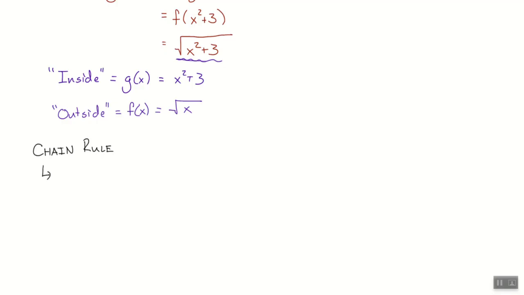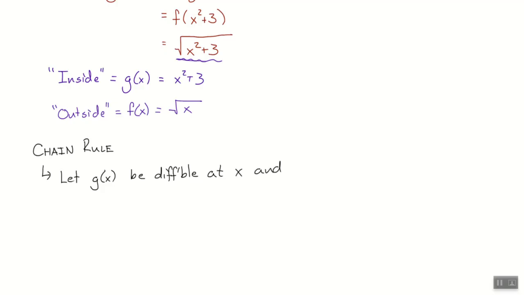So to begin with, let g of x, so we have some function, let g of x be differentiable, which I'm going to shorthand with diffable. That just means we can take the derivative at x.